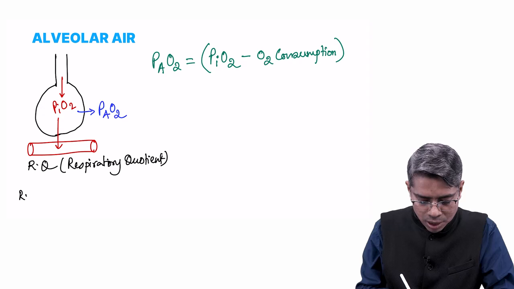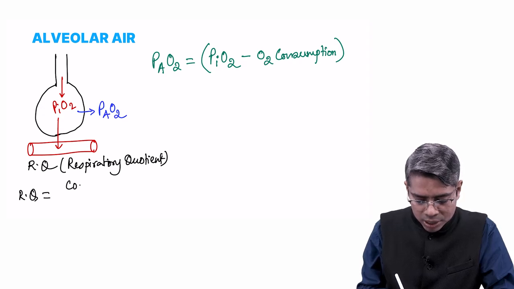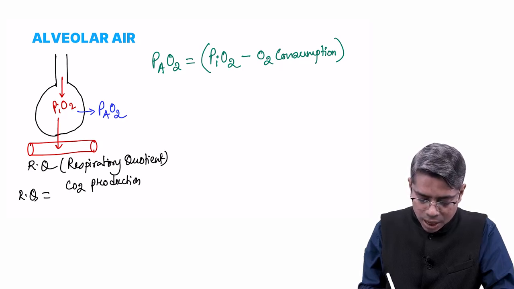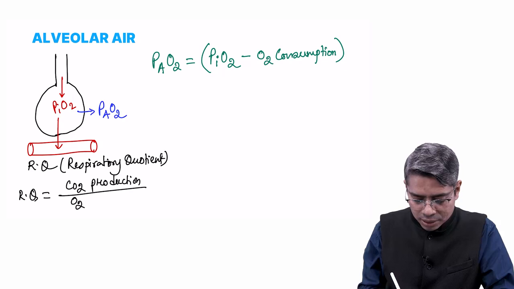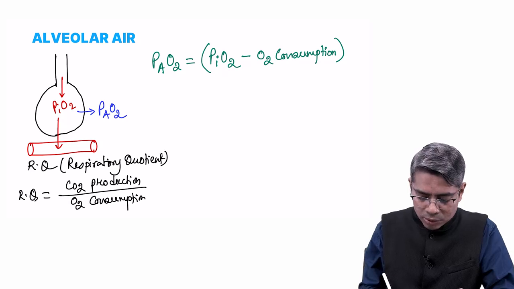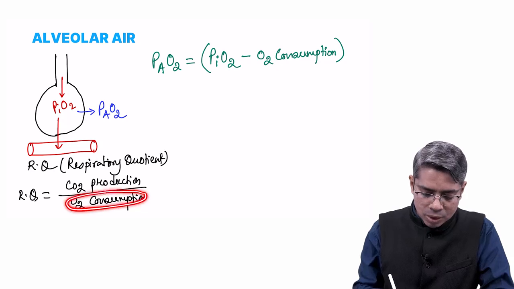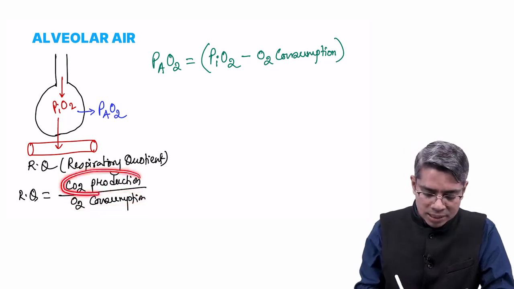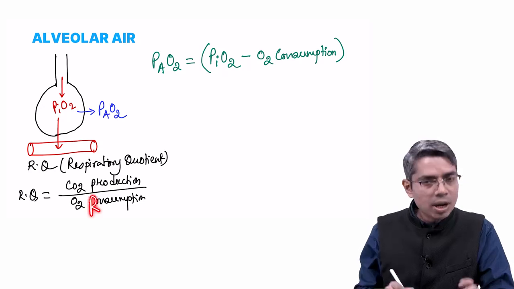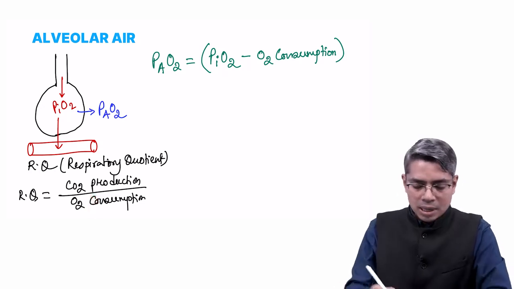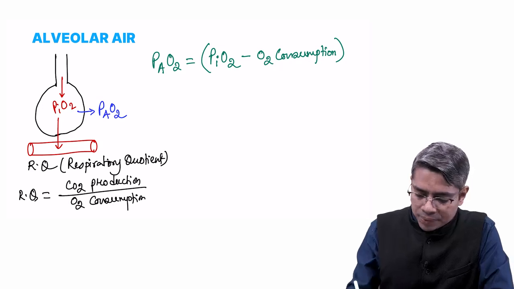RQ is equal to carbon dioxide production upon oxygen consumption. So if I want to calculate the oxygen consumption from this formula, I can easily say oxygen consumption is equal to carbon dioxide production in the body upon RQ, right? So I am writing this formula once again.